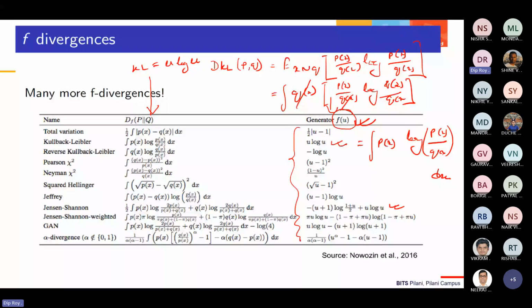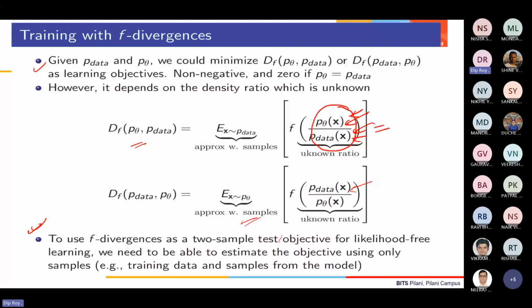In this whole exercise, we saw that we were again getting into the area of likelihood, where we wanted to calculate the probability of X given by the model and the probability of X given by the data distribution, which is unknown.